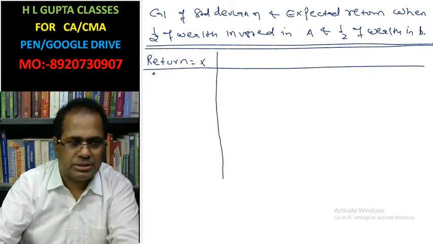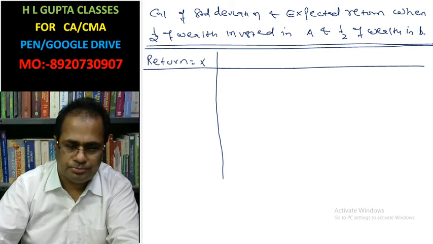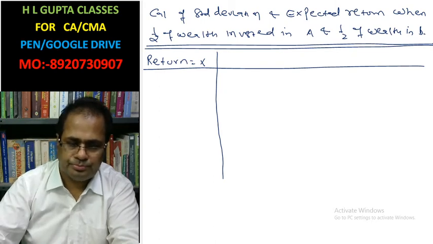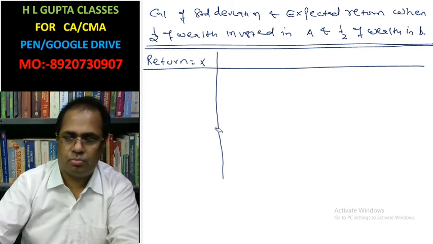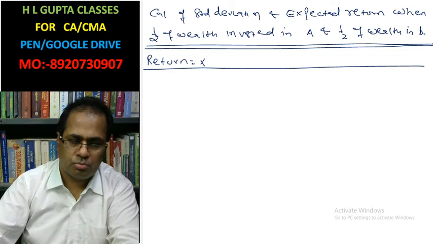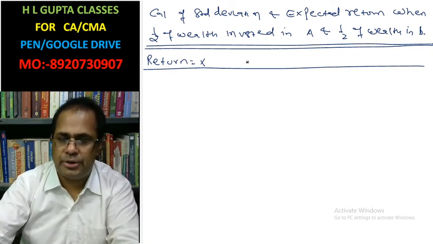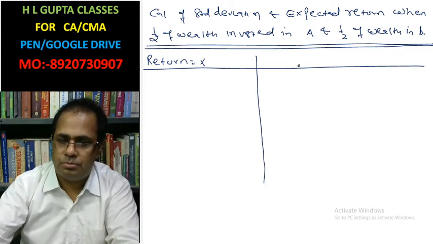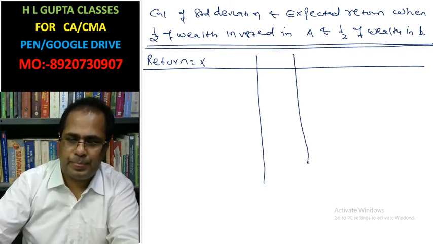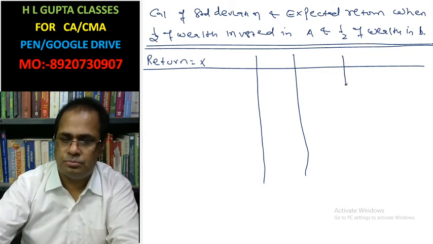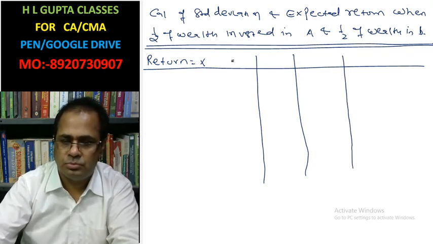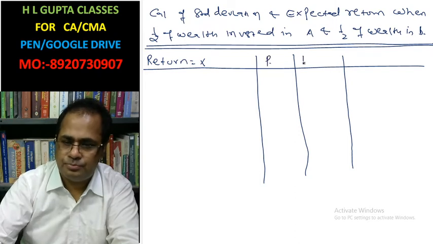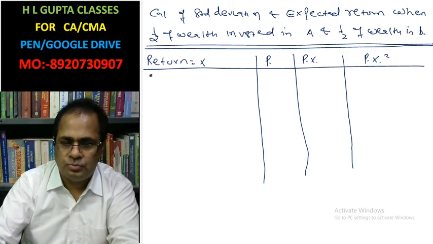Please try to understand in this case. This is the return, this is Pi, Xi, Xi squared.